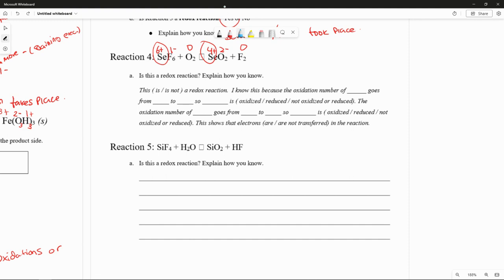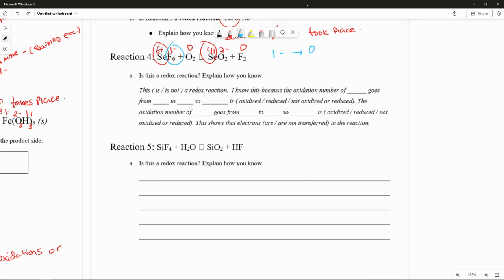All right. So taking a look at our F, we know it's going from a 1 minus to a 0. If you're going from a 1 minus to a 0, you are losing an electron to make it less negative.